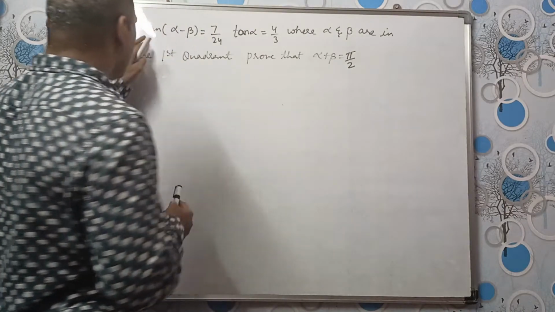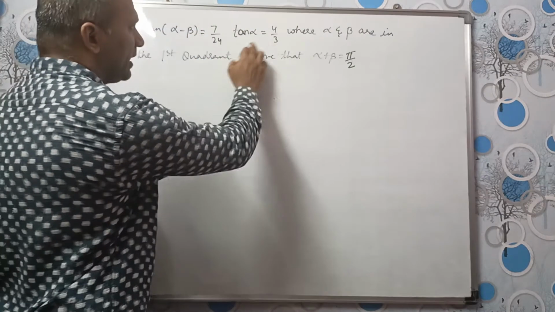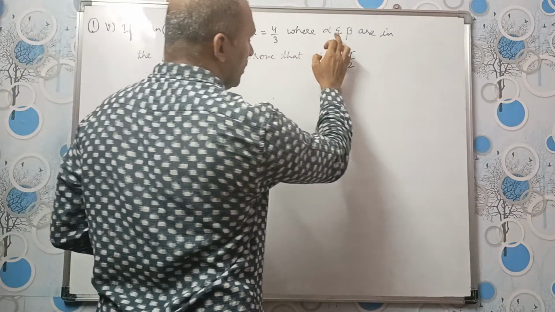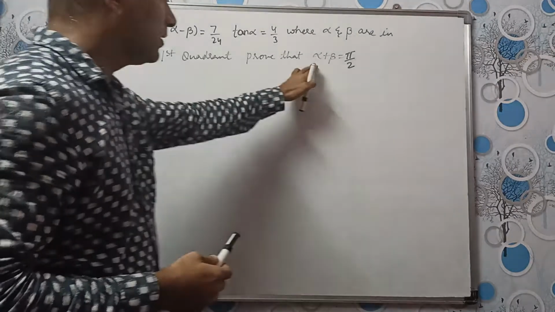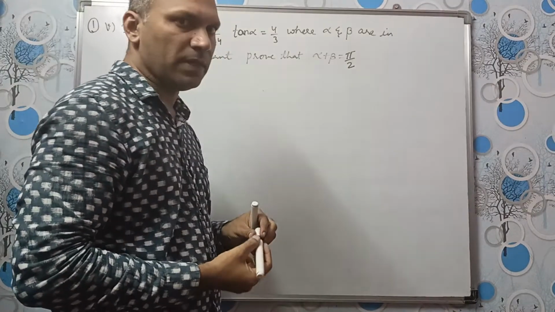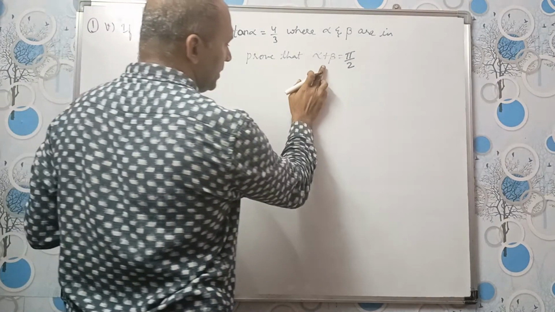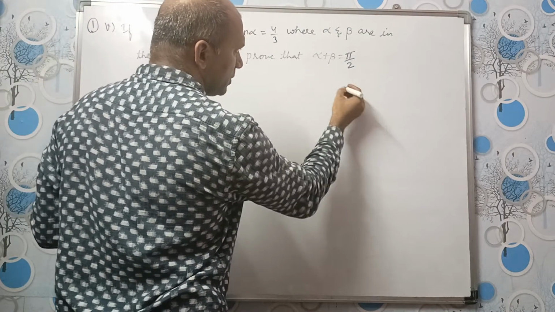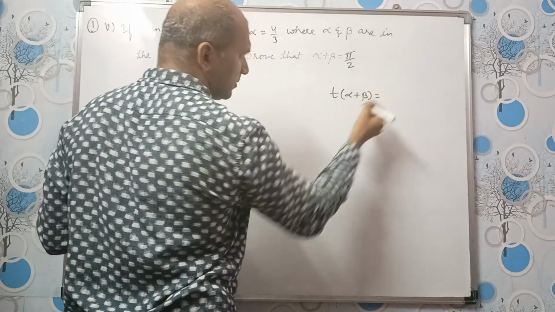Okay, we have an interesting question here. If tan alpha minus beta is 7 by 24 and tan alpha is 4 by 3, where alpha and beta are in the first quadrant, prove that alpha plus beta is pi by 2. Alright, see, we will find tan alpha plus beta.